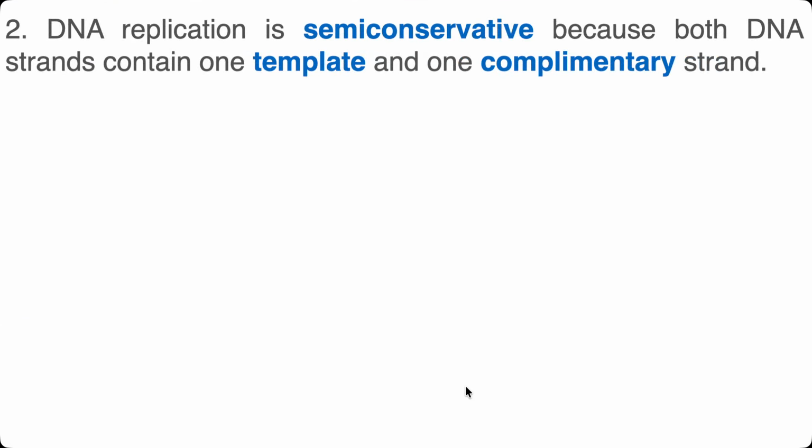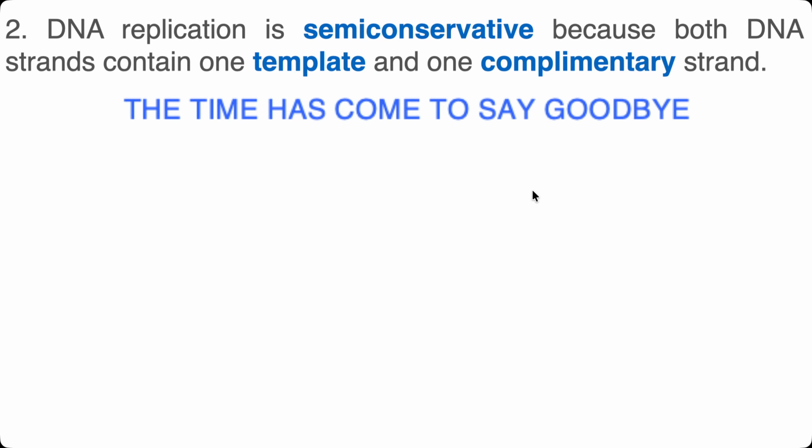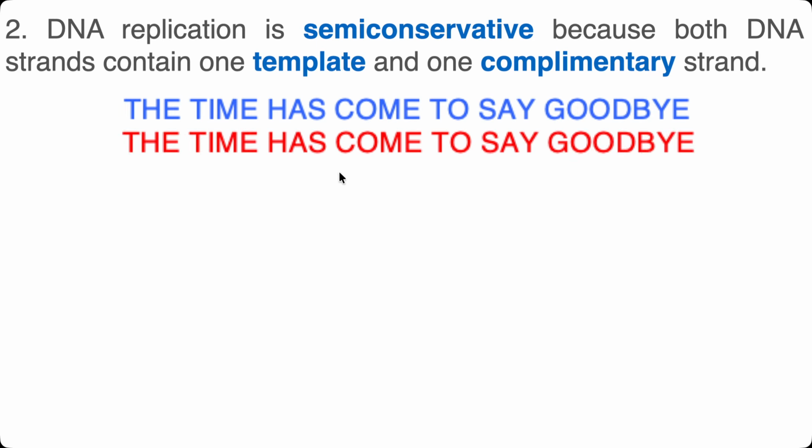So, DNA replication is considered a semi-conservative process because every single strand of DNA contains one piece of original and then one complement, okay? And so here, if this is our phrase that's going to be replicated, right?